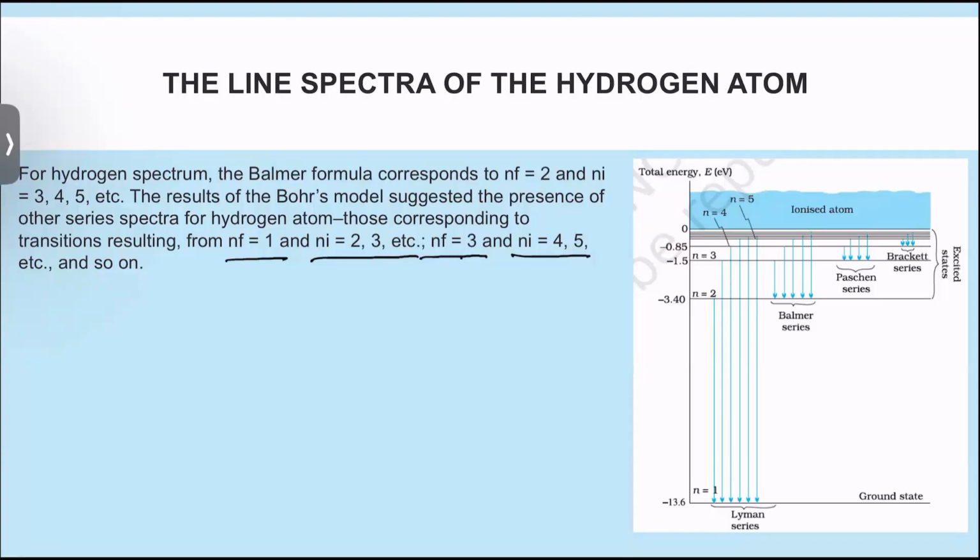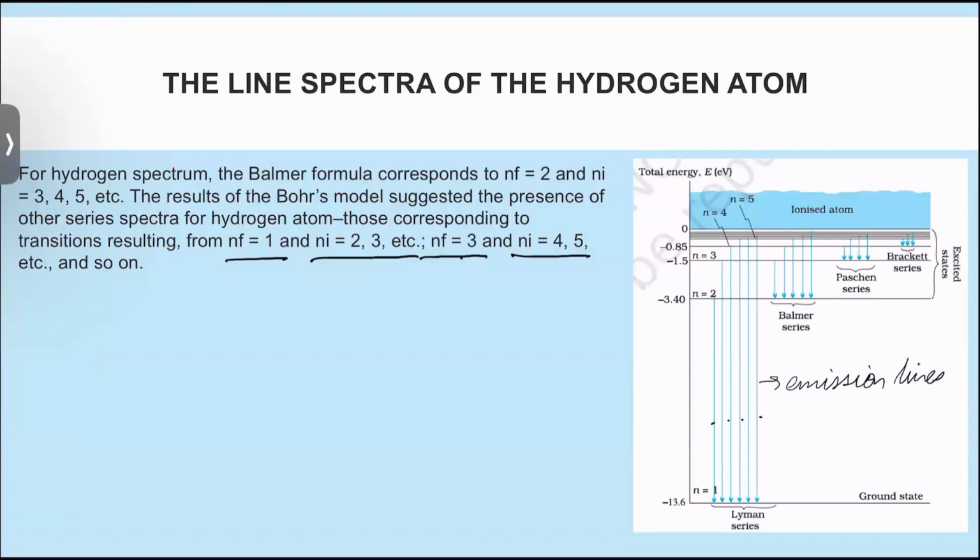So the various lines in such atomic spectra are produced when the states are jumping from a high energy state to a low energy state, and then the photons are emitted, as we had already said. And these spectral lines are called the emission lines. That's why we also find the emission line spectrum.